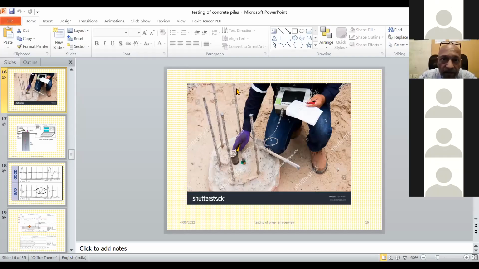Sir, screen share stop. yes, I'm seeing there is something wrong. Again, stop share.